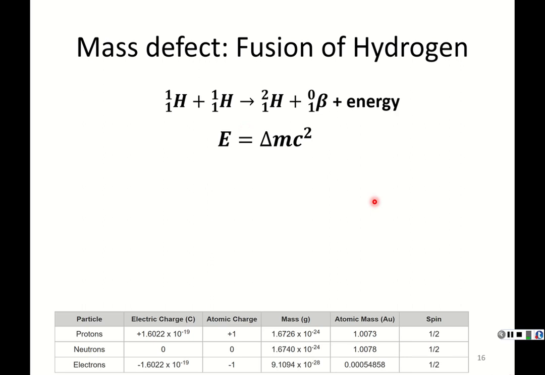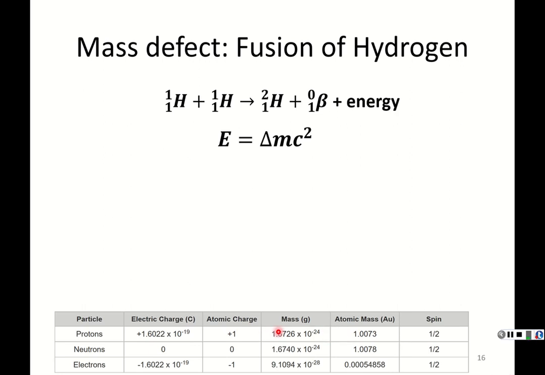If you wanted to calculate just how much energy a particle like a hydrogen could have, you could take this formula and plug in the mass of a proton, for example, in kilograms.